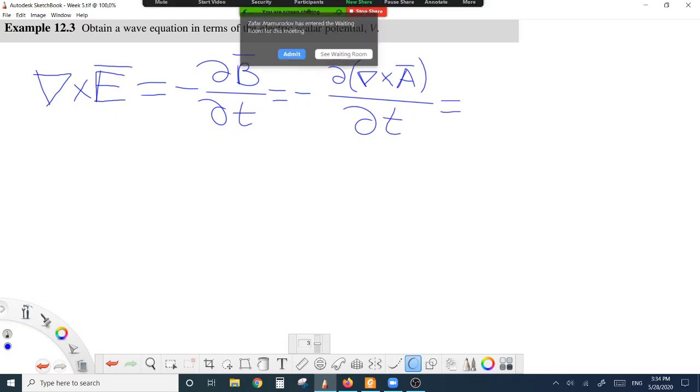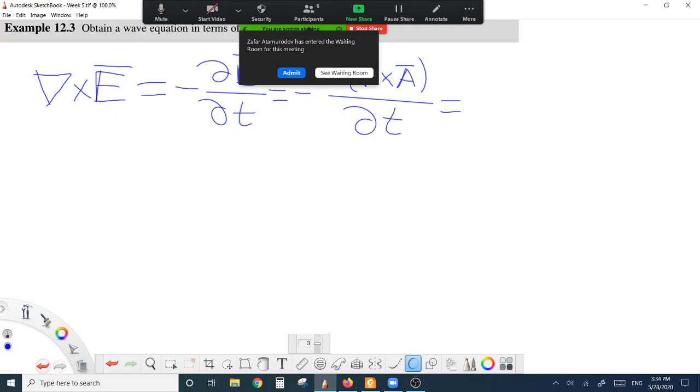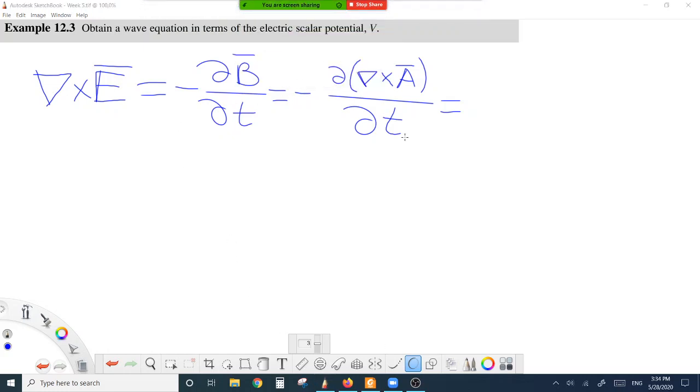Since the operator nabla, or operator del, is independent of time, we can write it in this manner: the rotor of dA divided by dt.